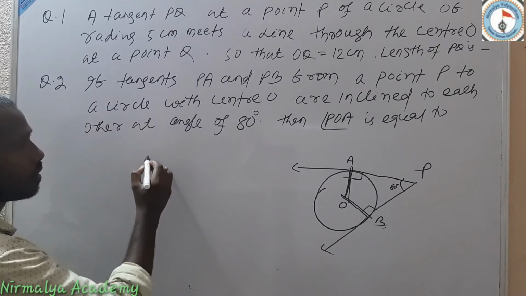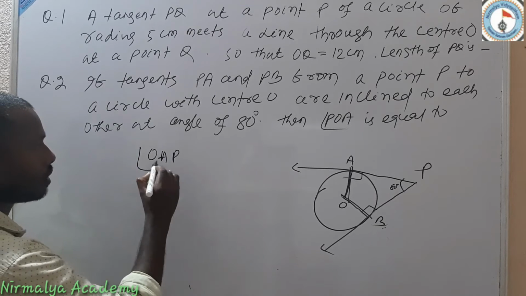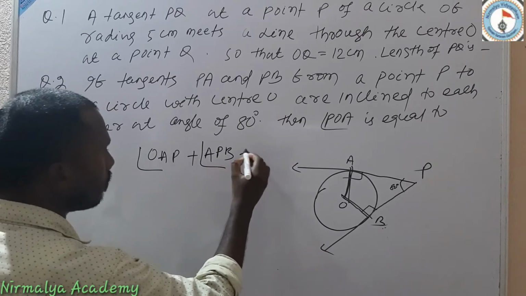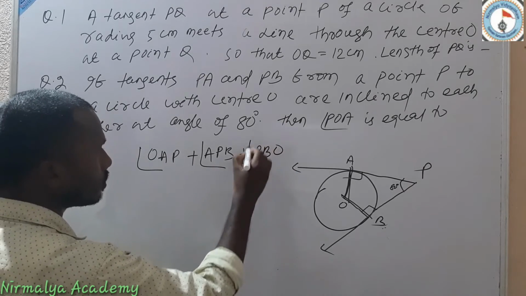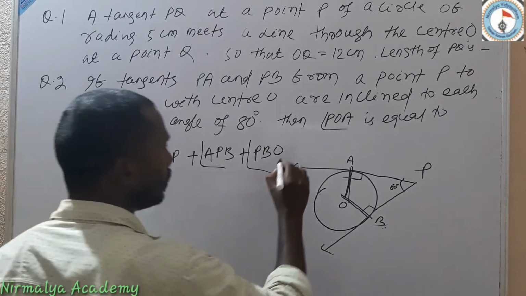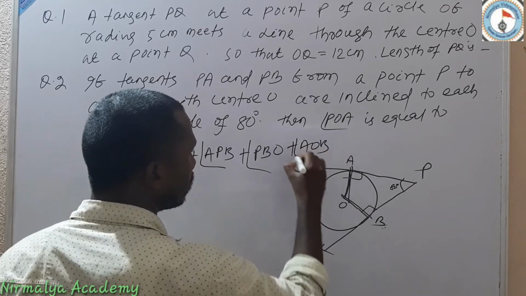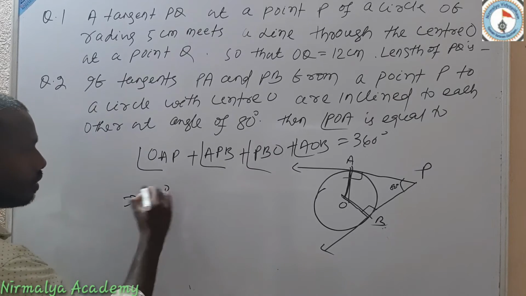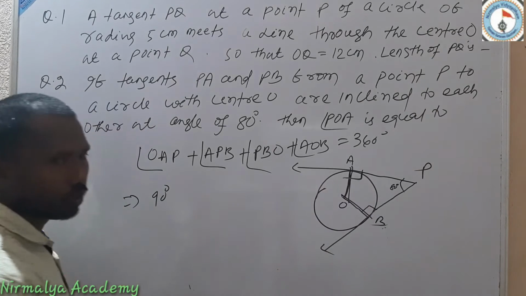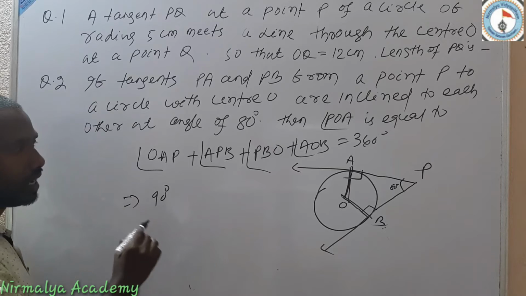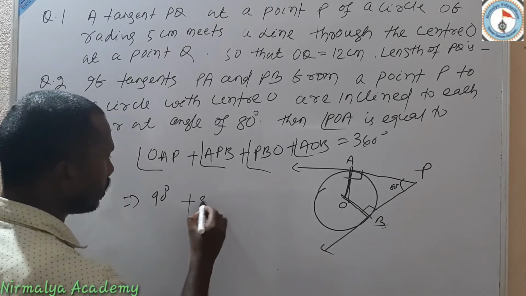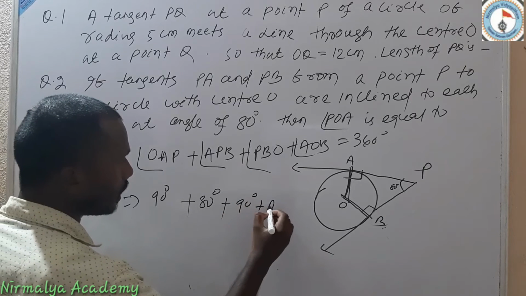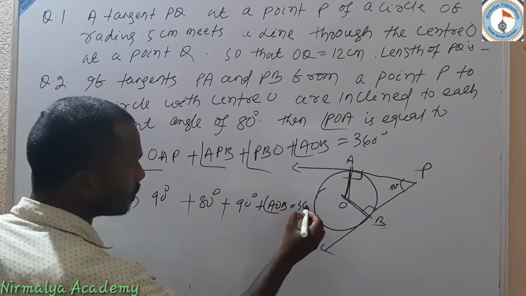So now angle OAP plus angle APB plus angle PBO plus angle AOB equal 360. On substituting the values, OAP equal 90, APB 80 degrees, PBO 90 degrees, plus angle AOB equal 360.